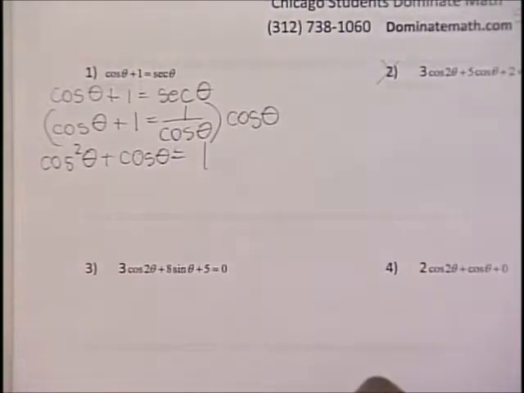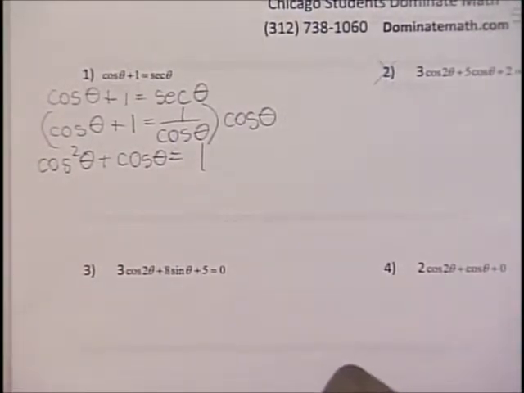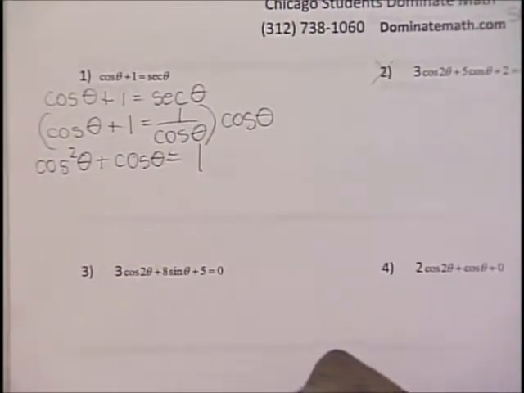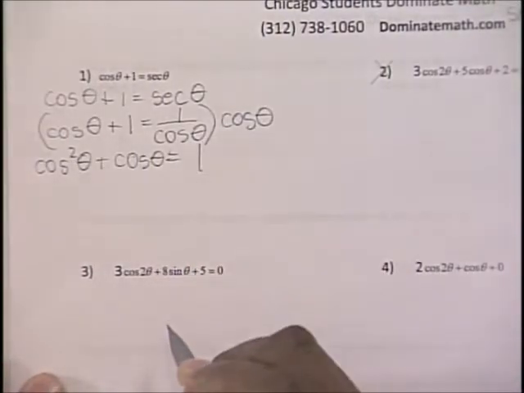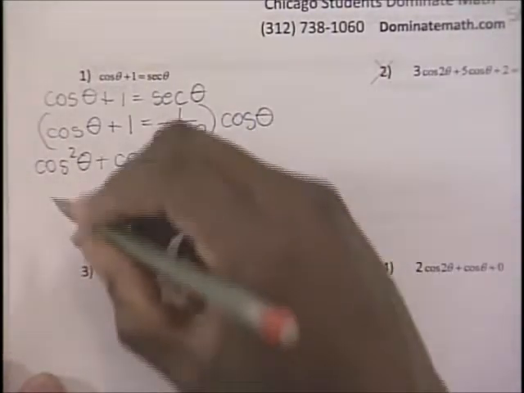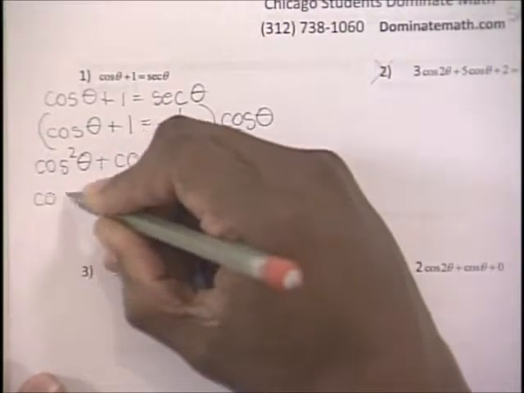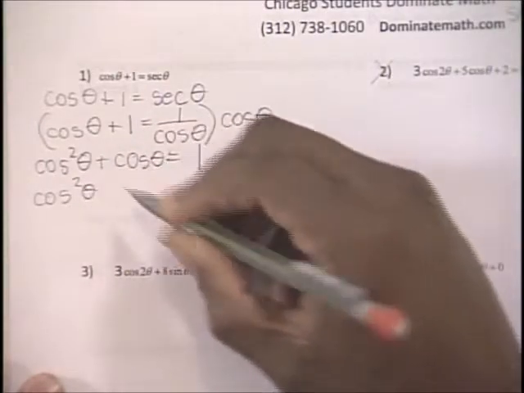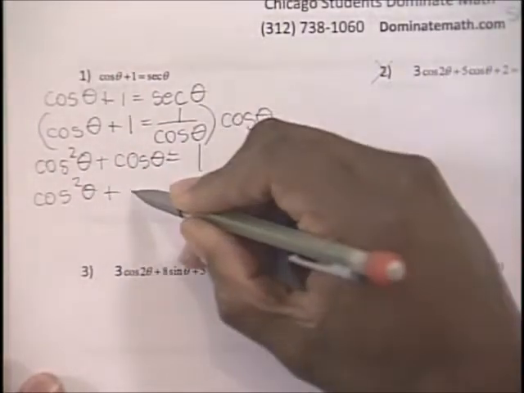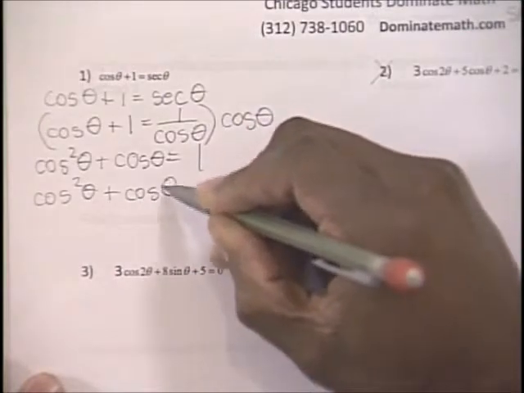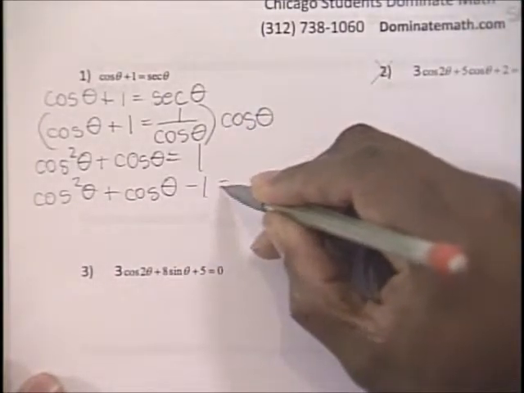Now you can see that this is a quadratic equation. You subtract the 1 over, and you get cosine squared theta plus cosine theta minus 1 is 0.